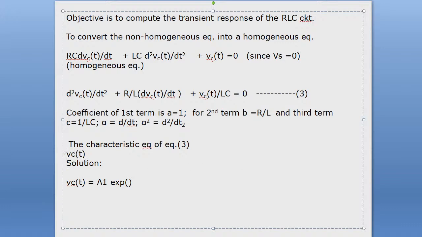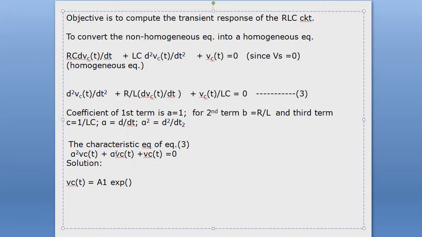Alpha square VC(t), then you can write plus b alpha VC(t) plus c VC(t) equal to 0, and you put its coefficients.